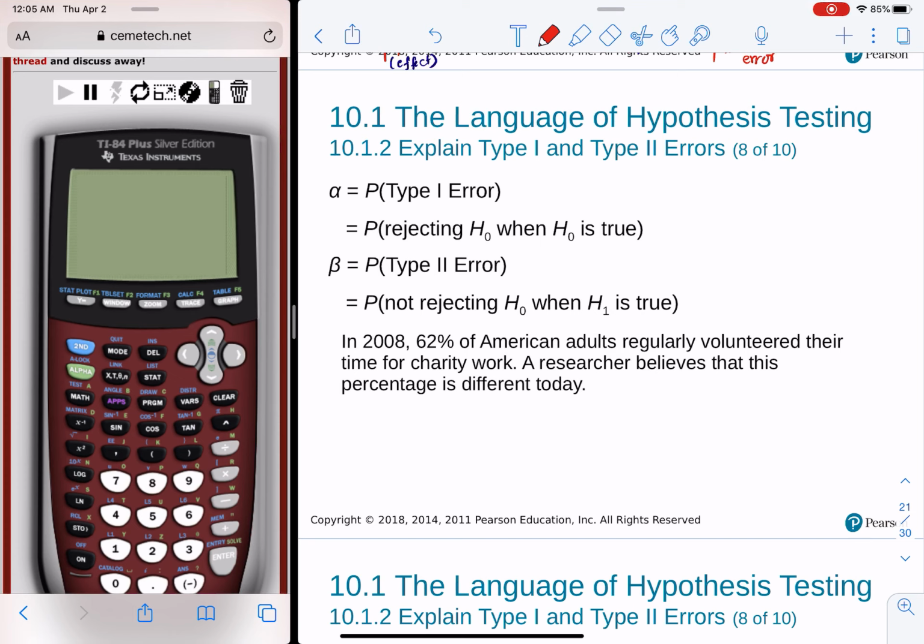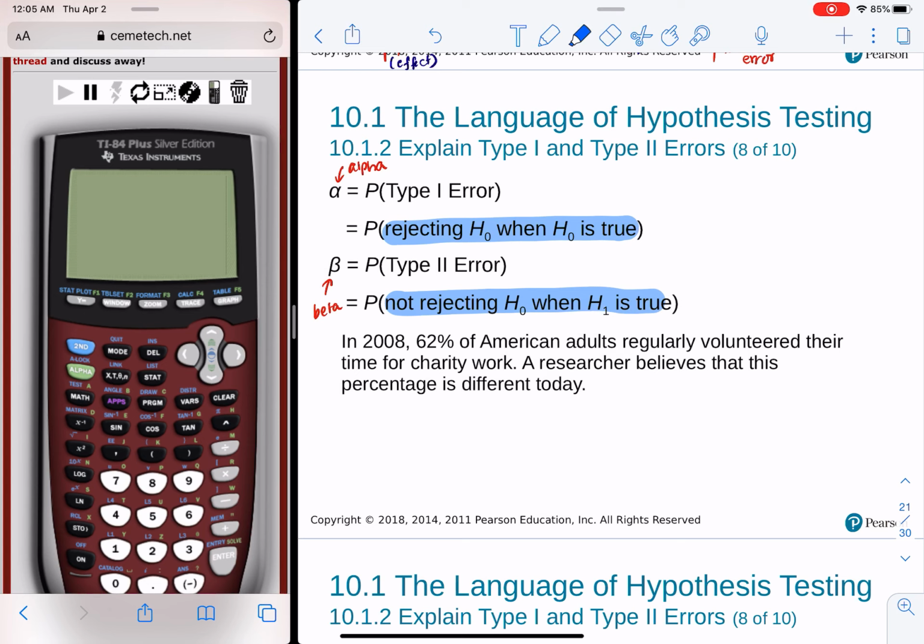These two are the probabilities of the error happening. In other words, the probability of rejecting the null when the null is true is alpha, and not rejecting the null when the alternative is true is beta.